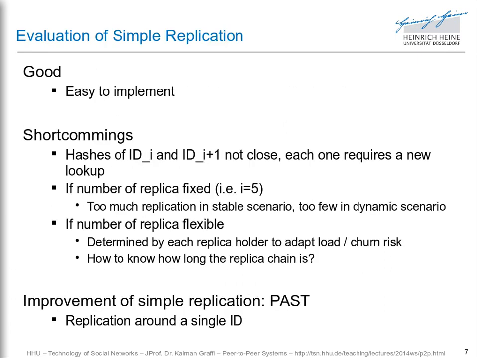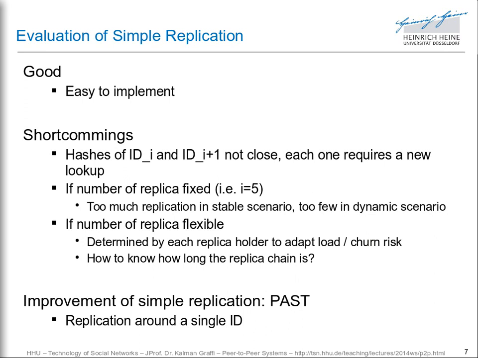A small evaluation about this idea. Yes, it's easy to implement, as we have only this chain of replicas, but we have a lot of shortcomings. For example, the hashes of ID i and ID i plus 1 are not close. Yes, each one requires a new lookup.